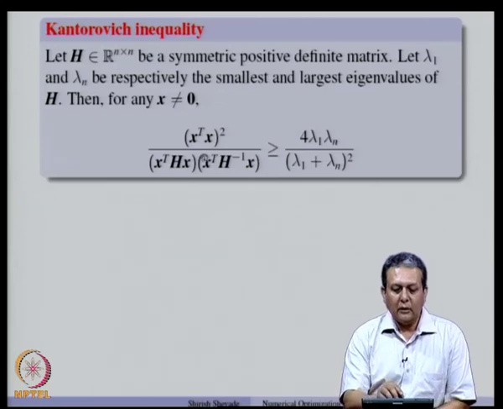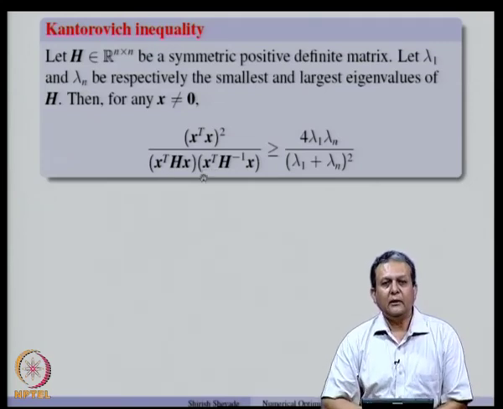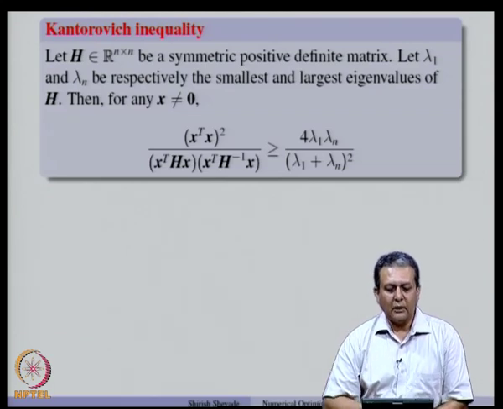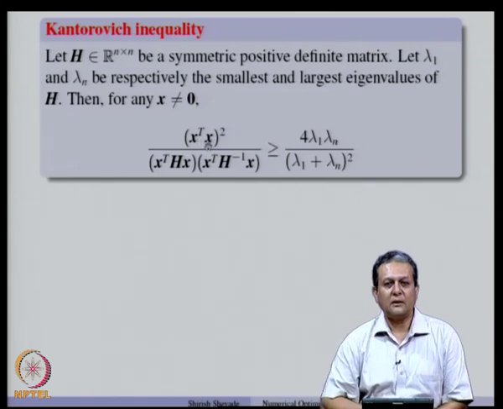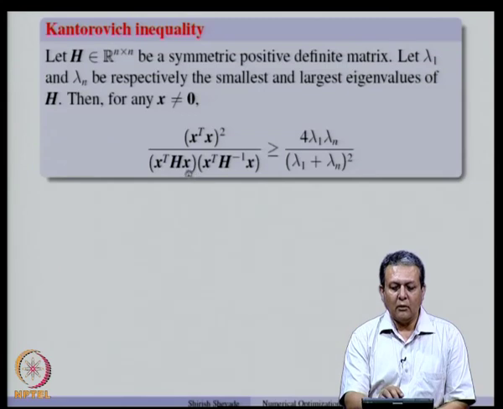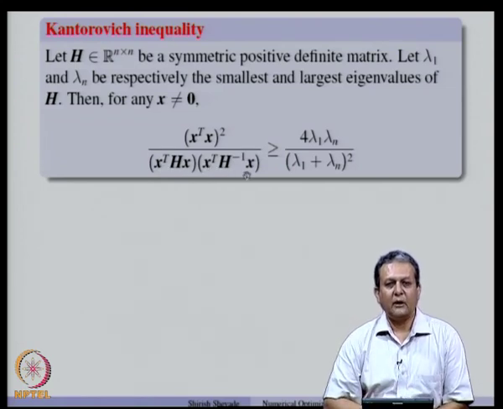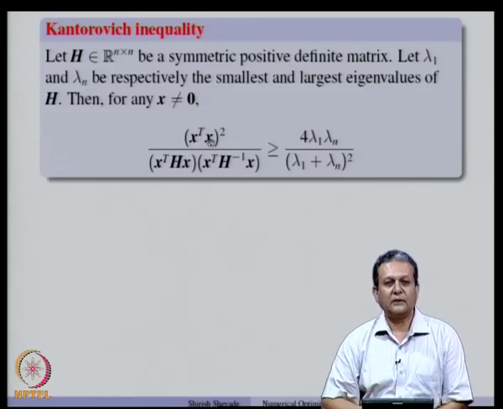Now, this inequality can be derived in different ways. There exist different proofs of this inequality. One of the proofs assumes that x transpose x is 1, and then it tries to maximize (x transpose H x) into (x transpose H inverse x), subject to the constraint that x transpose x equals 1.